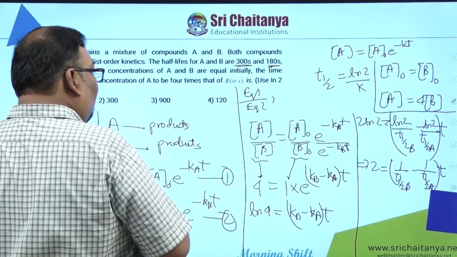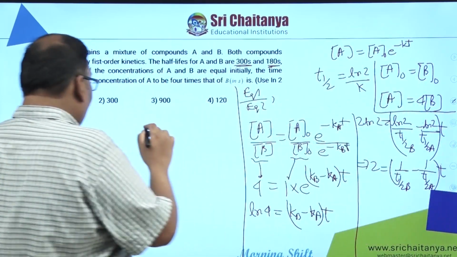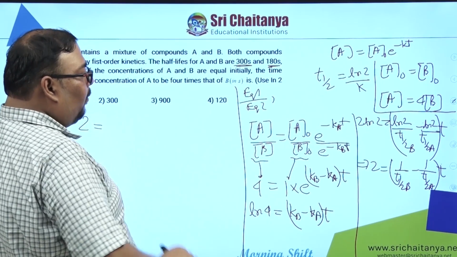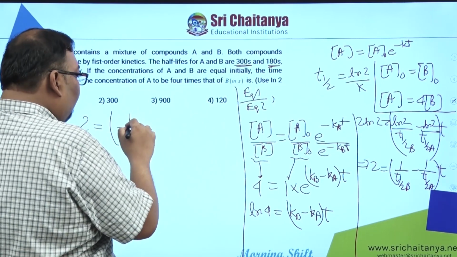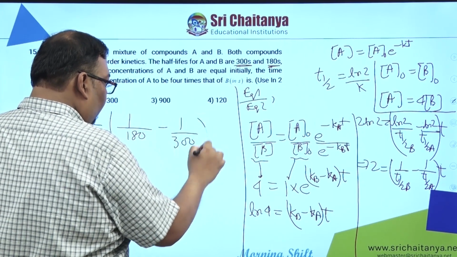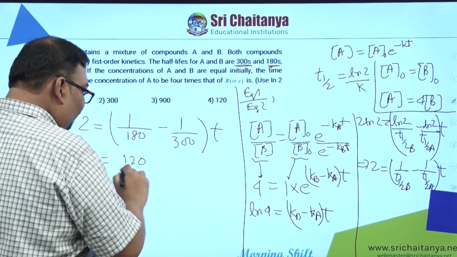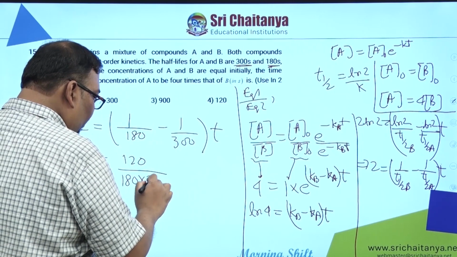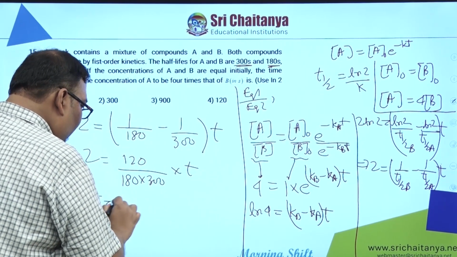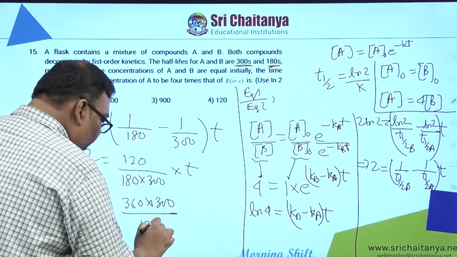So if I put the values here, then 2 is equal to 1 by 180 minus 1 by 300 into T. Okay, so 2 can be written as 120 by 180 into 300 into T, or T can be written as 360 into 300 by 120.